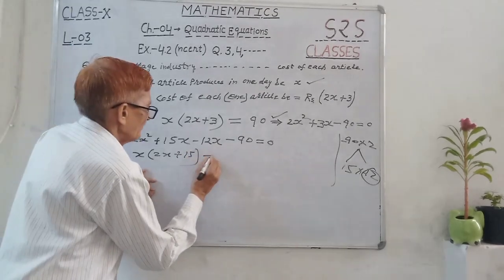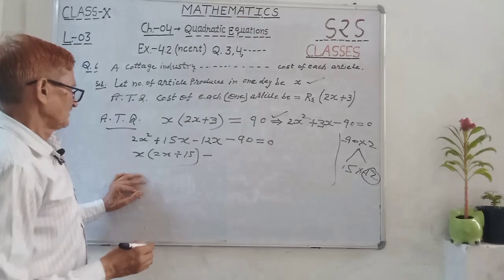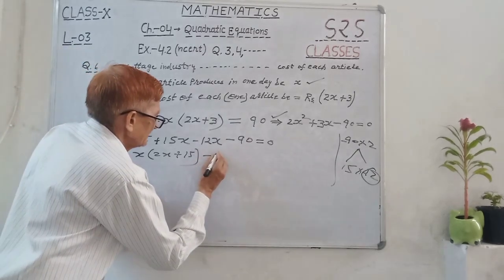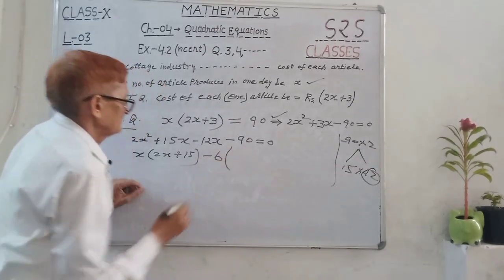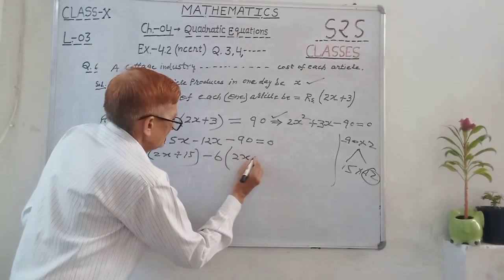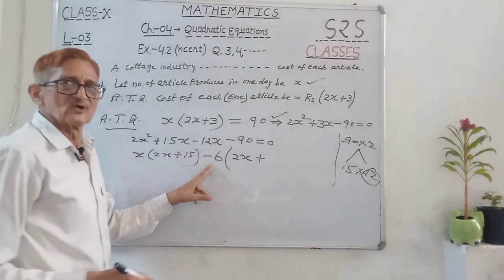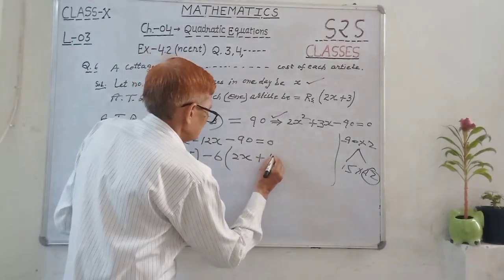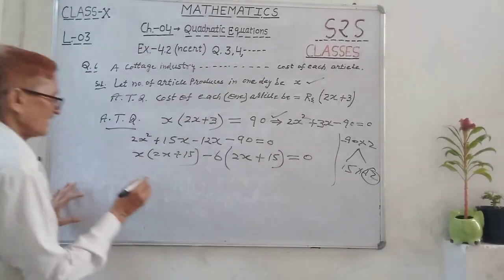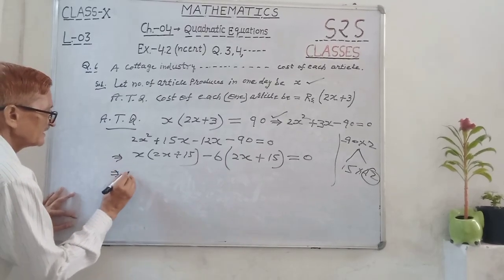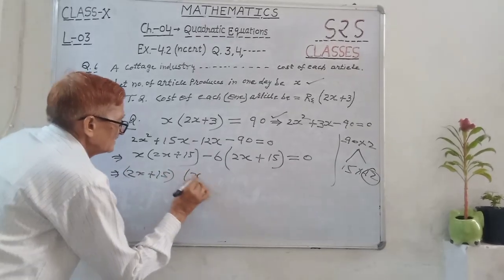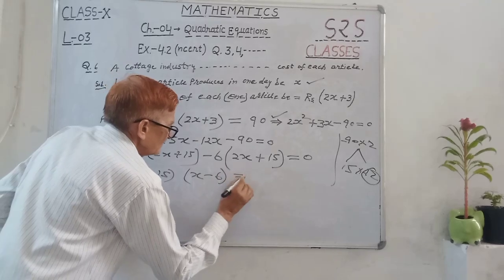And here, minus 6 is the highest common factor, 6 common, so 2x and 15 remain. Then the two factors: one factor is 2x plus 15, the other factor is x minus 6 equal to 0.